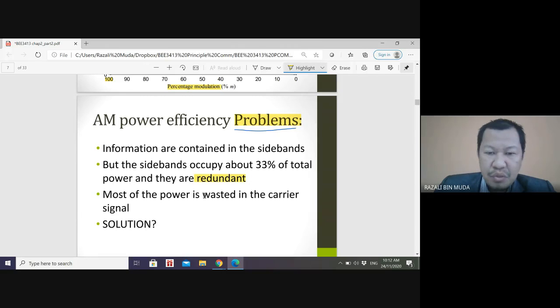Most of the power is wasted in the carrier signal. So that is the problem. You send $1, only 30 cents is used. Another 70 cents, or 67%, is wasted. So we need to solve this problem.